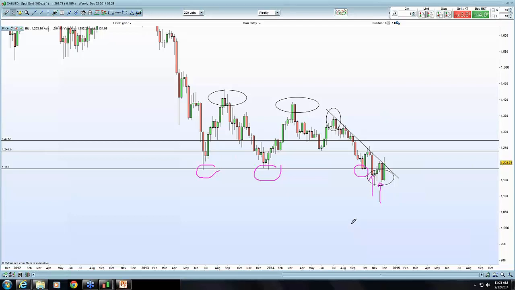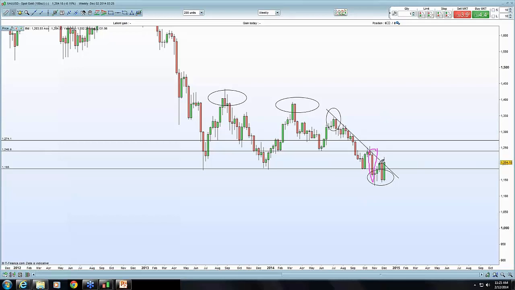These two candles here have made me inclined to think that we are actually more bearish than bullish. So let me just take this away. When this candle here broke a new low, I was bearish. So I was waiting for a retracement back to this 1180 or 1200 level before I hope that the bears will come in again.